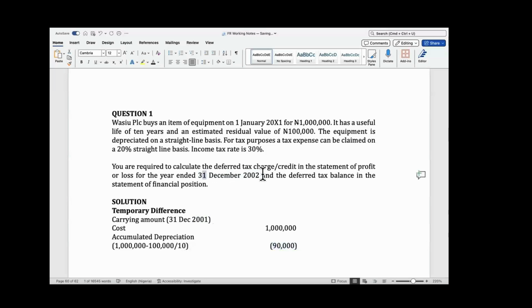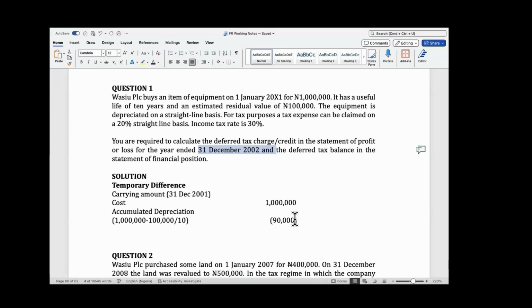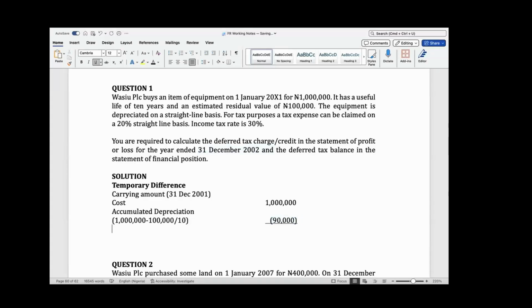But if I jump there and get deferred tax, my deferred tax charge will be wrong, because the deferred tax charge is the difference between the closing deferred tax at the end of 2002 and the opening deferred tax at the beginning of 2002. So I will have to do opening and closing. In this case, I have to get my opening deferred tax first.